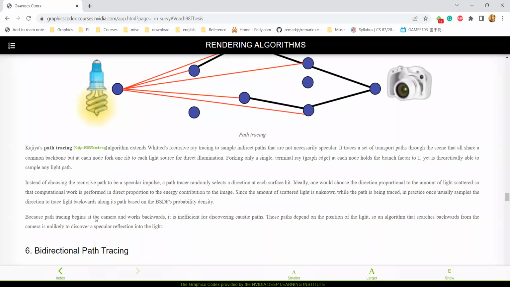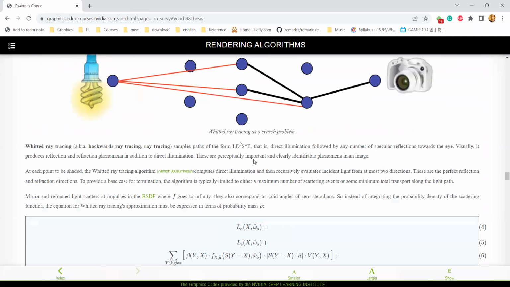Because path tracing begins at the camera and works backward, it is inefficient for discovering caustic paths. Those paths depend on the position of the light, so an algorithm that searches backward from the camera is unlikely to discover a specular reflection into the light. What's a caustic path again?